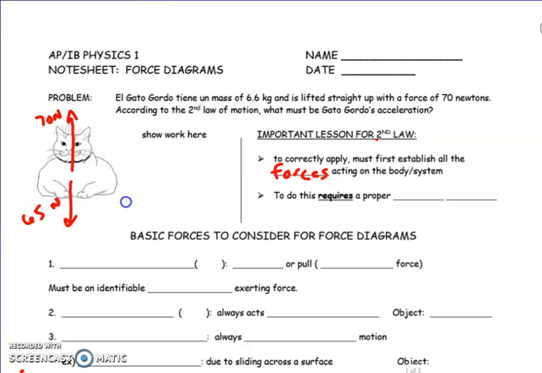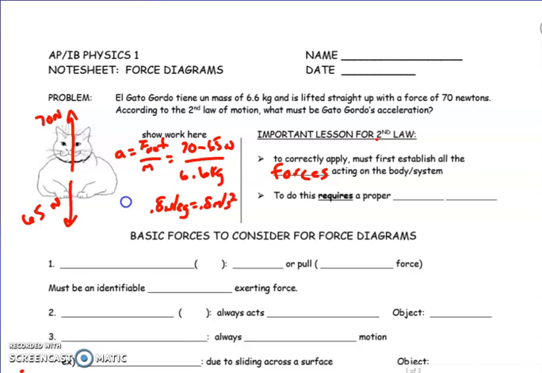So now I can say F net. A is still F net over m. That's always true. But my F net is going to be 70 minus 65, and then I divide that by the 6.6 kilograms, and that's where I get around 0.8 newtons per kilogram, and I believe we discussed before that's the same as a meter per second squared.